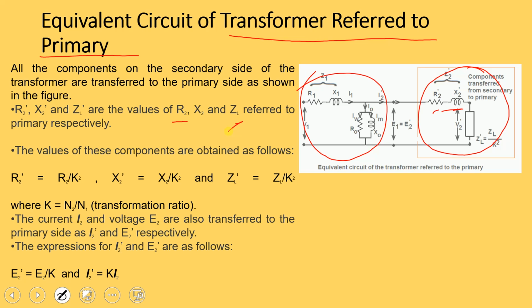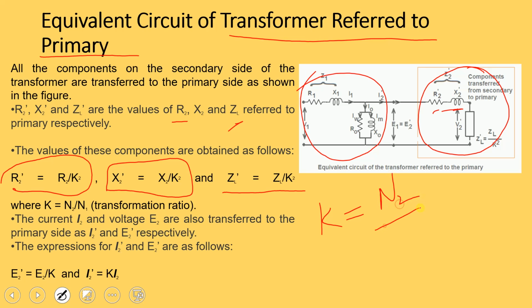As I have told you, R2 dash is equal to R2 upon K square, X2 dash is equal to X2 upon K square, ZL dash is equal to ZL upon K square, where K is N2 upon N1, the number of windings on the secondary upon the number of windings on the primary. This is called the transformation ratio.